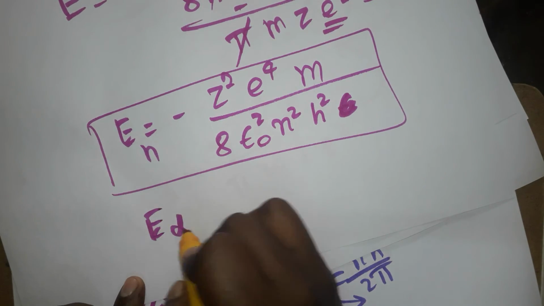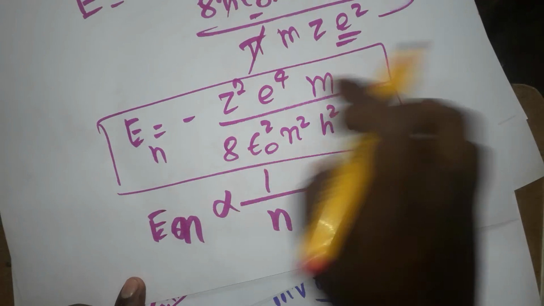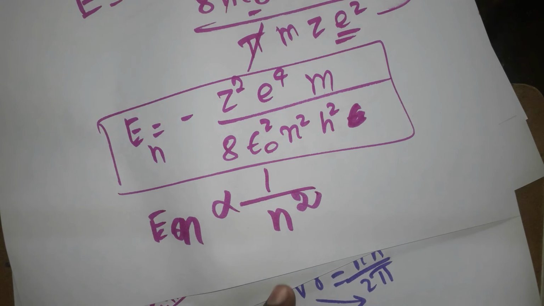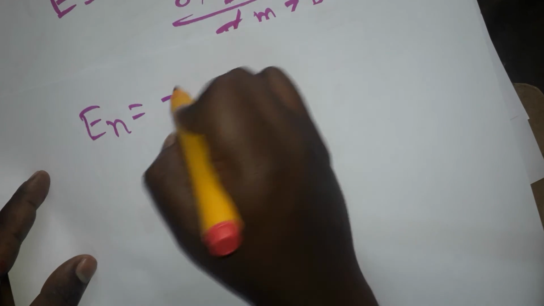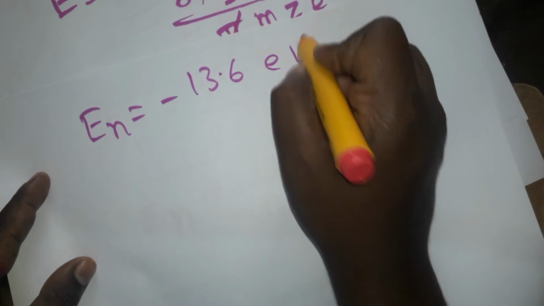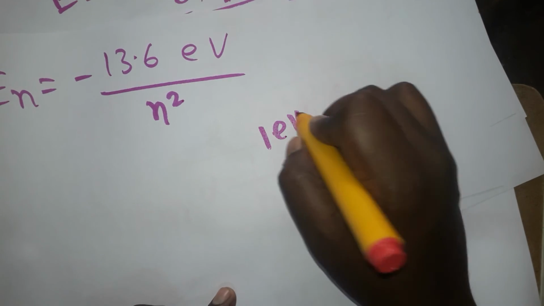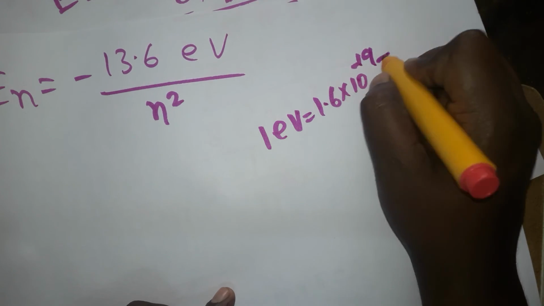The energy for the nth orbit is inversely proportional to n square, whatever everything else is a constant value. The ratio will be 1 divided by 1 square, 1 divided by 2 square, 1 divided by 3 square, and so on for the energy of the nth orbit. From this whole calculation, the energy for the nth orbit is minus 13.6 eV divided by n square. 1 eV is equal to 1.6 into 10 power minus 19 joules.